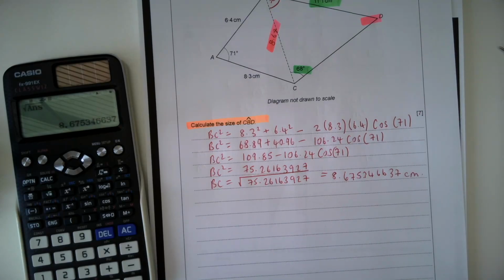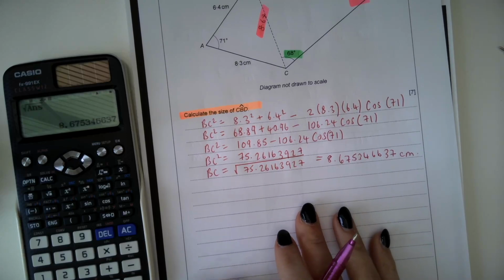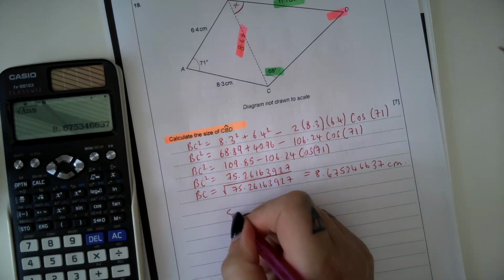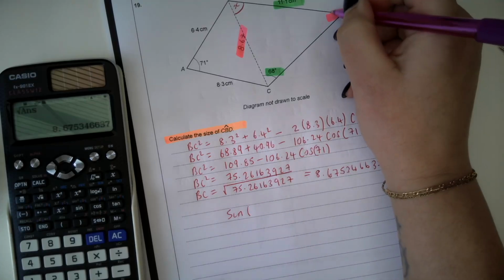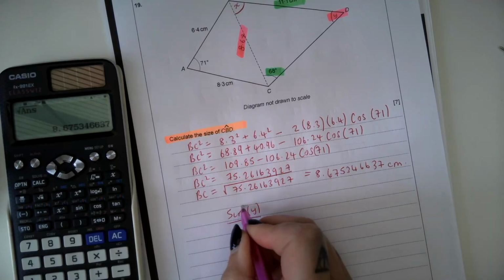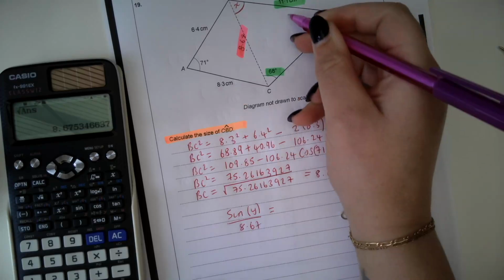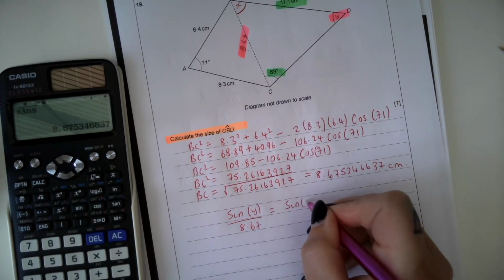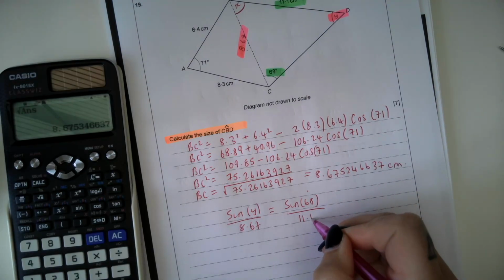So when I'm using the sine rule to find an angle, we flip it upside down. So it's going to be sine of my angle that I'm looking for. So let's call that y. So sine of y over the corresponding side is equal to sine of 68 over its corresponding side.